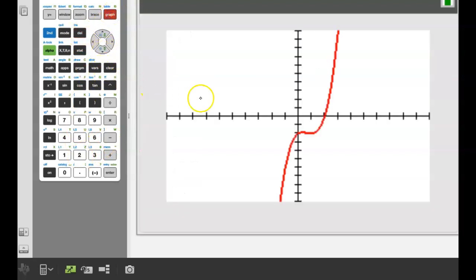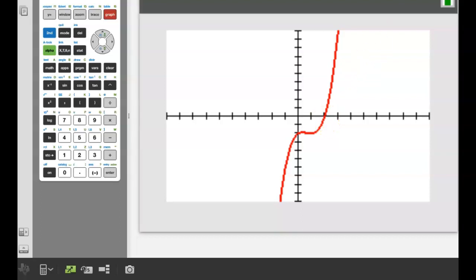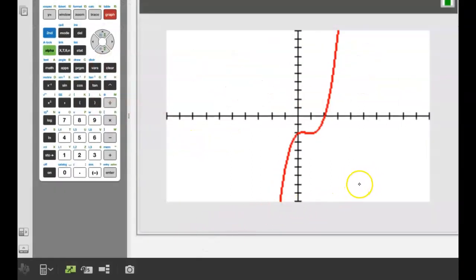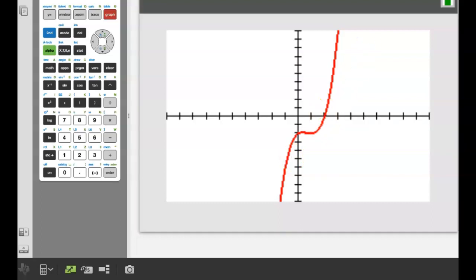Okay, if we graph it, it has one nice 0 at 2. And that's the only nice one, but that doesn't mean there aren't more. This is important for you to understand. Do you see that this only has one nice 0? But it is a cubic shape. It has to have a total of 3 zeros. The other 2 are going to be imaginary. That's why it only crosses the x once.